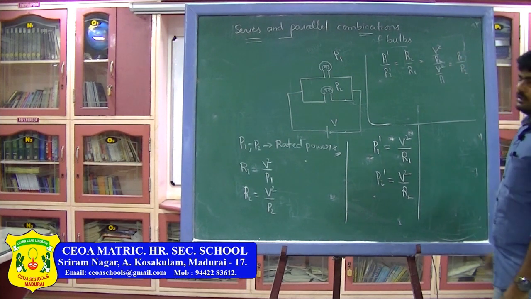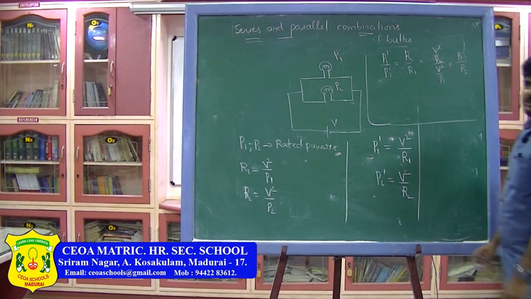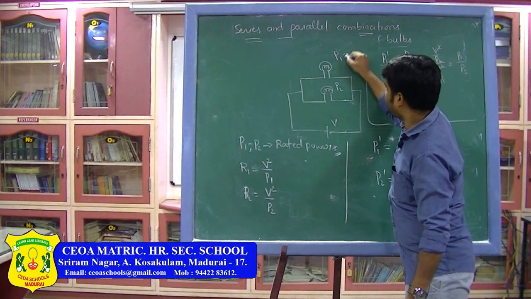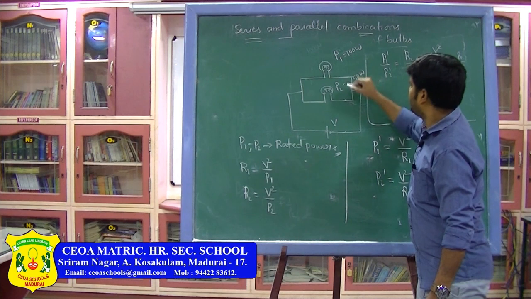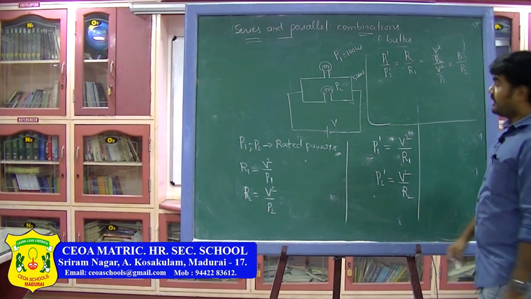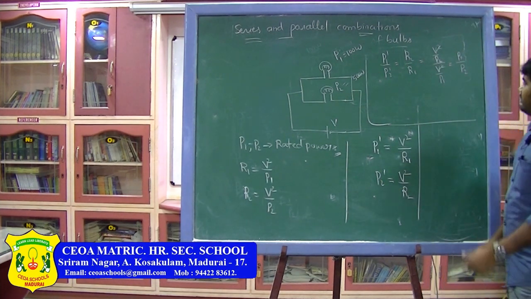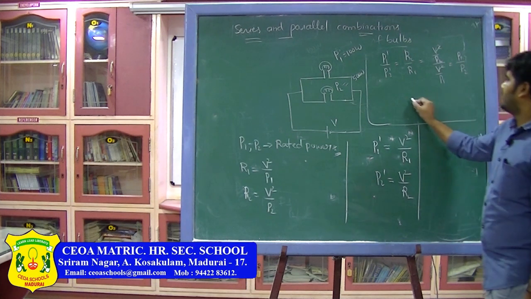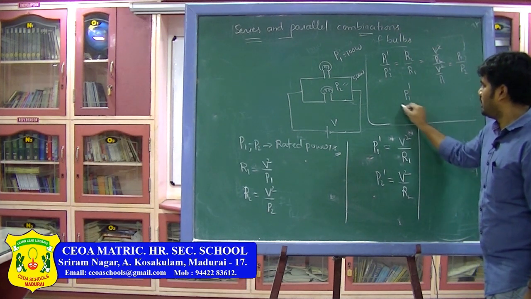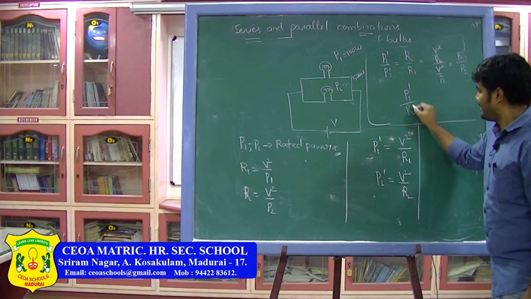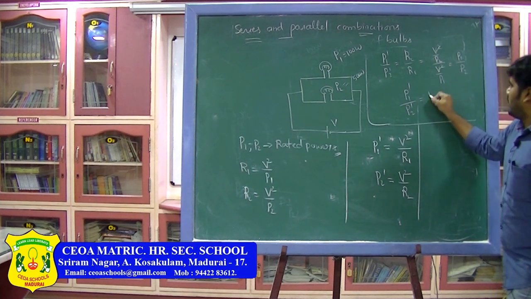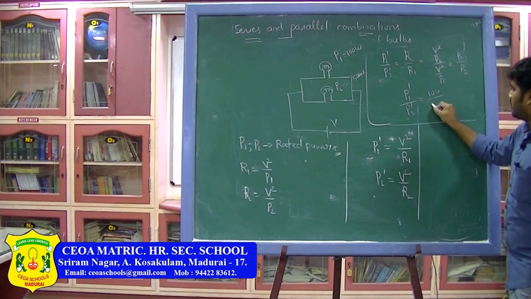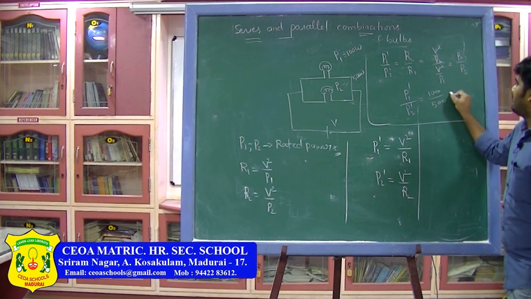Now take some example values. For example, the first bulb is of 100 watts and the second bulb is of 500 watts, that is, the rated wattages or rated powers. Substituting, the power consumption by the first bulb divided by the power consumption by the second bulb is equal to the rated power of the first bulb, 100, over the rated power of the second bulb, 500. So it is 1 by 5.